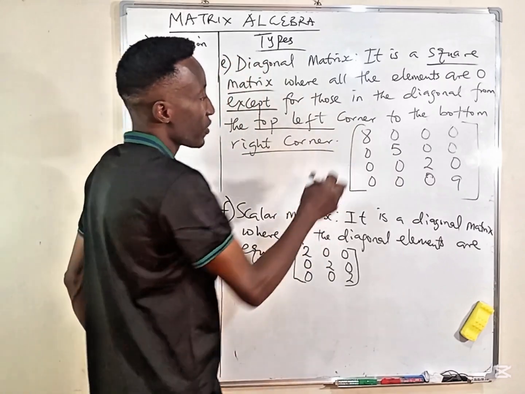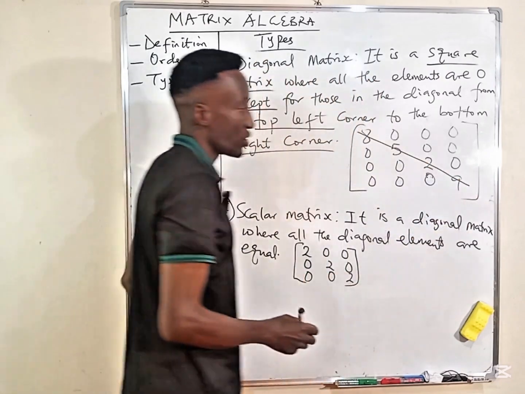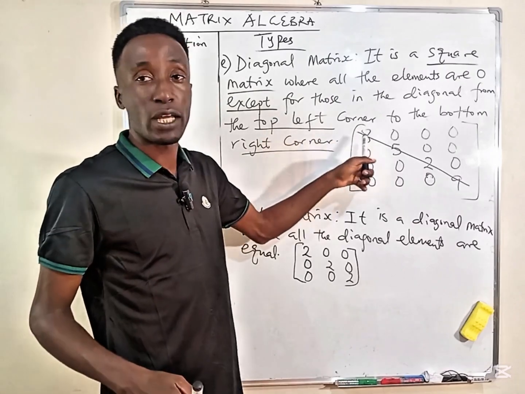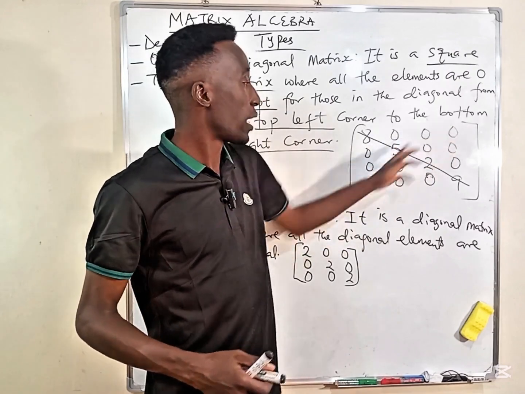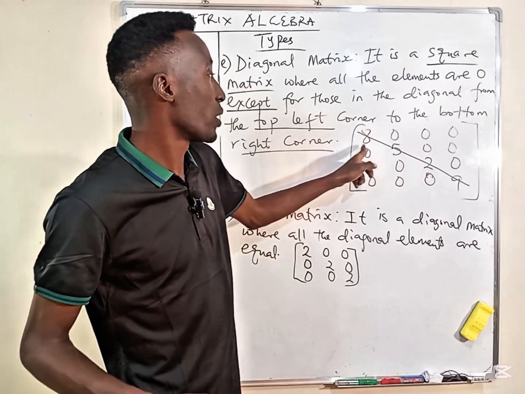What am I saying? Now check this diagonal. You can pick a diagonal like this, this is also a diagonal, this is also a diagonal, but we're picking the one from the top left corner.